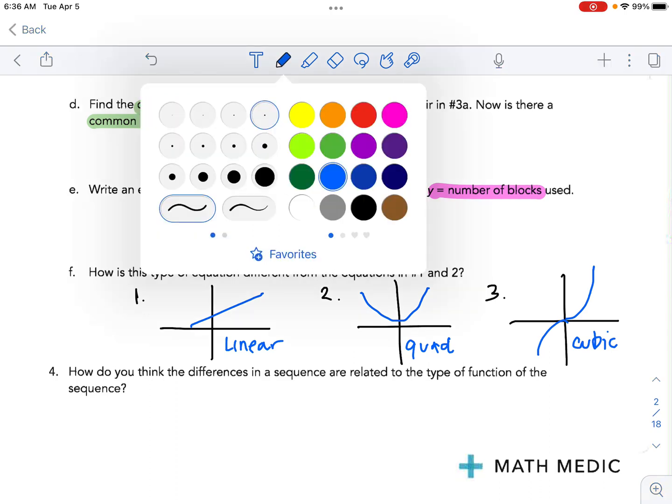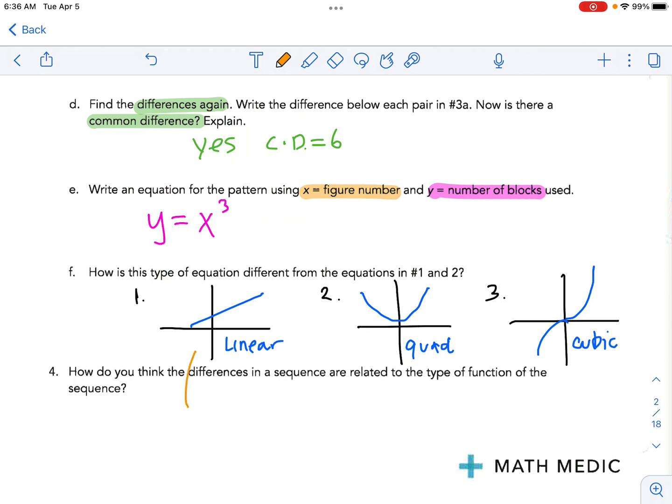And if we noticed the common differences, the linear had one, we only had to look at the first difference. And the quadratic, we had to look at the second difference. That's where we found the common differences. And then the cubic, we had to look at the third difference.